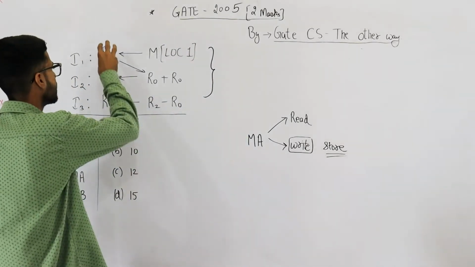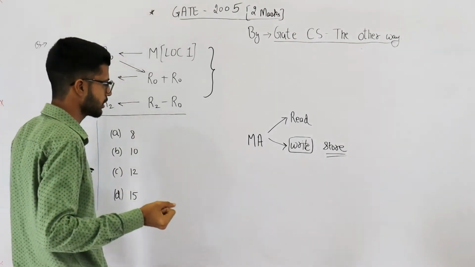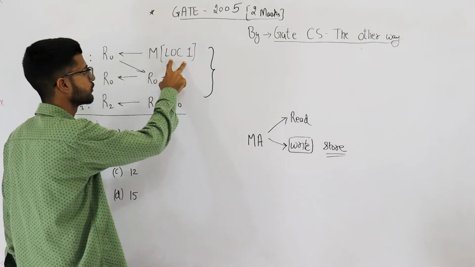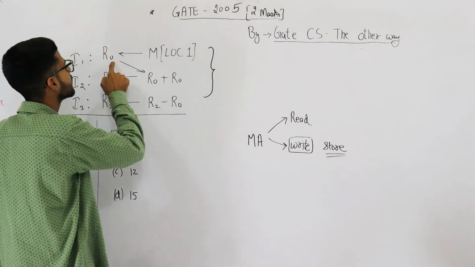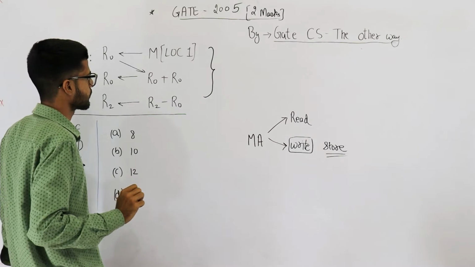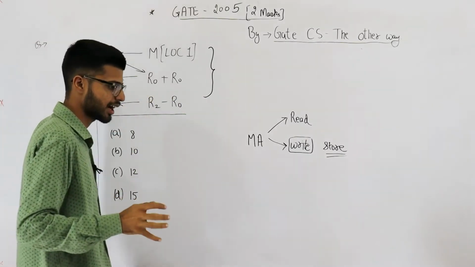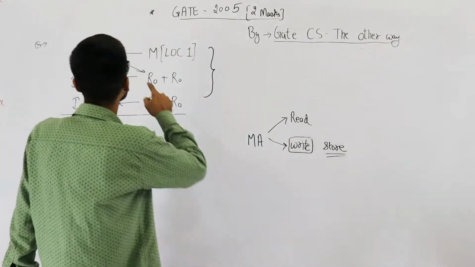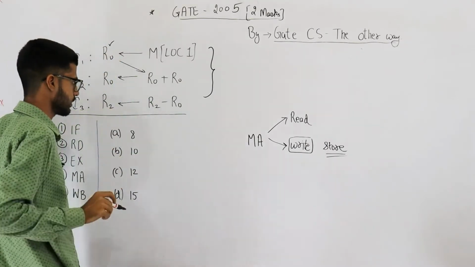This R0, the value read from the memory, there's some memory location LOC1. From that memory location, we are reading some value and we are placing it into this register R0. Now the thing is, this value is used in the next instruction. That means the next instruction needs to wait until this value has been written by instruction I1 into register R0.